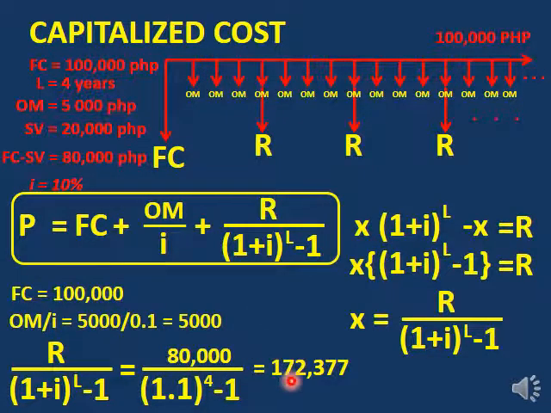This is equal to that mysterious number of 172,377. So Pedro's capitalized cost is 100,000 plus 50,000 plus 172,377. This is the only money that Pedro needs now, and all of this money is sufficient to provide all of his expenses from now on until indefinitely.